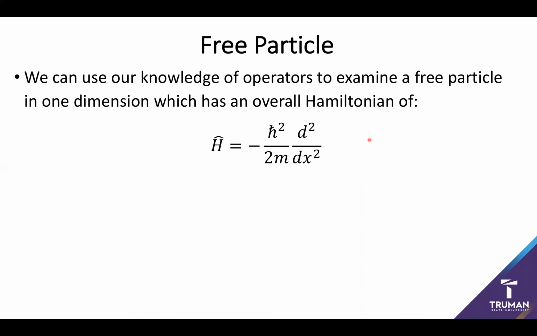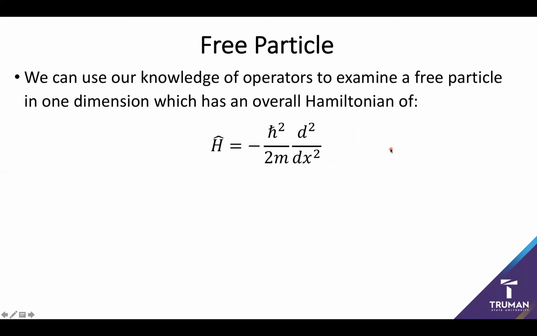And we happen to know the kinetic energy operator: negative h bar squared over 2m, second derivative with respect to position. Again, you'll notice we're just doing a free particle in one dimension, moving along in the x direction, back and forth, in a straight line in a vacuum. That's about as simple as it can get.